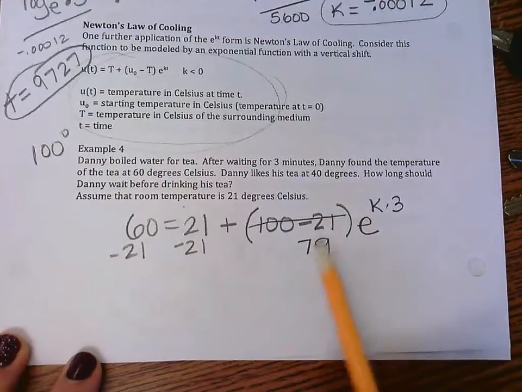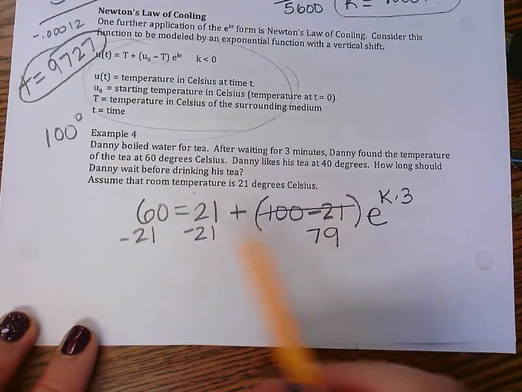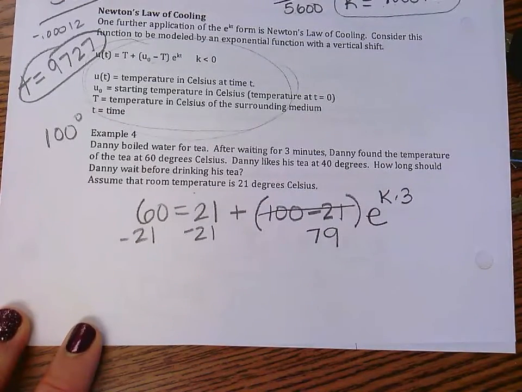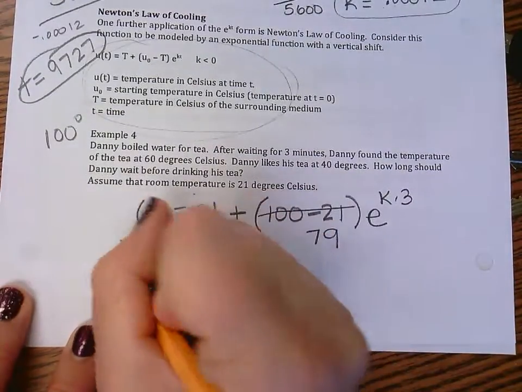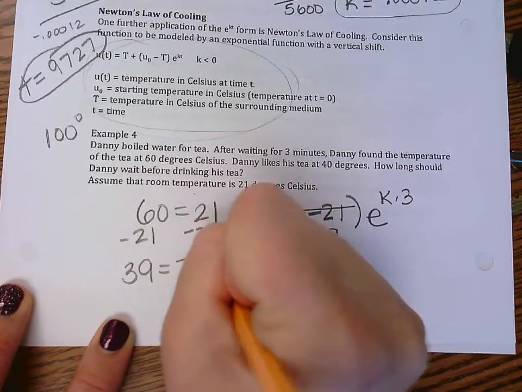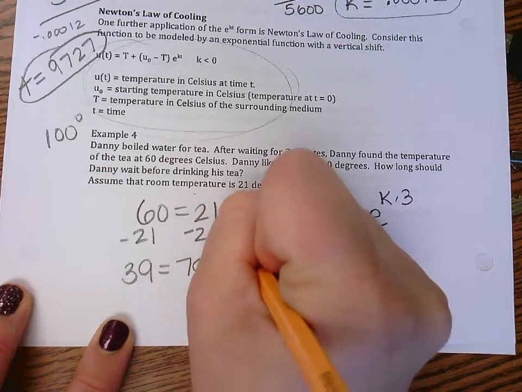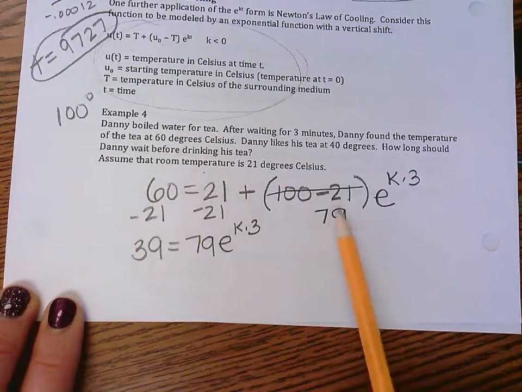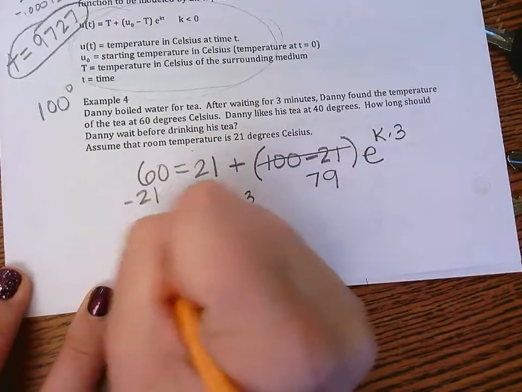And then this 79 is going to get divided to the other side. So what's 60 minus 21? 39. So I have 39 equals 79 e to the k times 3. I subtracted 21. Now I'm going to divide by 79 on both sides.